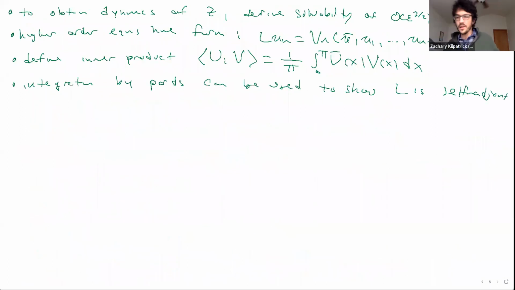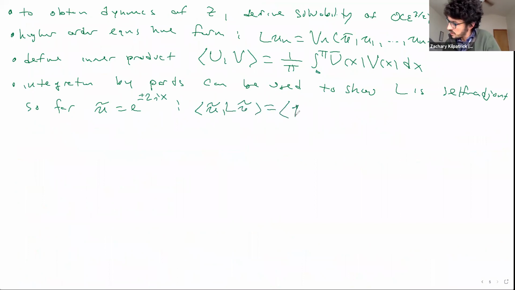So L is equal to its own adjoint, okay? So for U tilde equal to e to the plus or minus 2ix, we have that U tilde LU tilde is equal to LU tilde U tilde, and this should be equal to 0, okay?